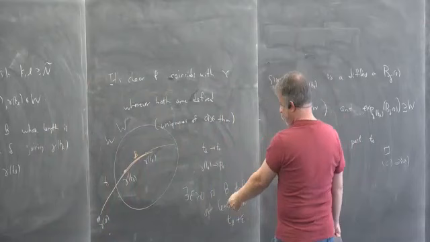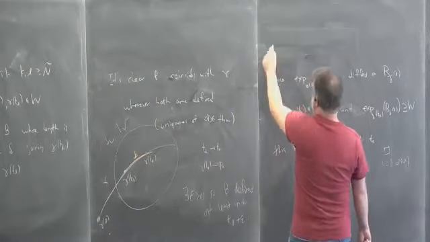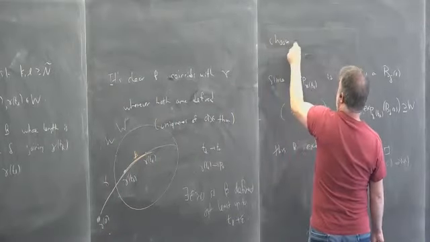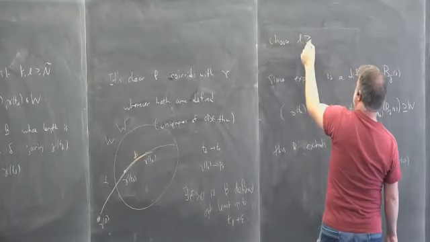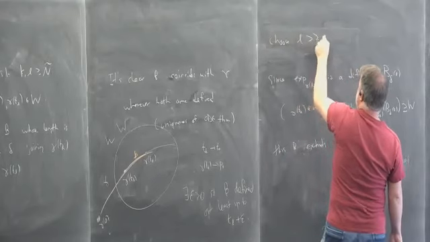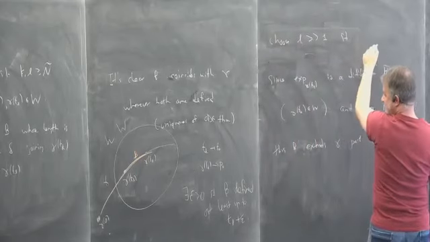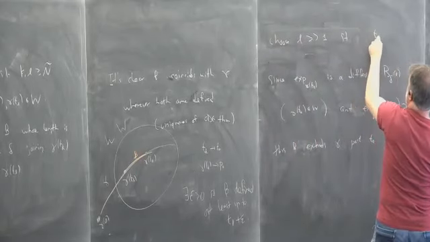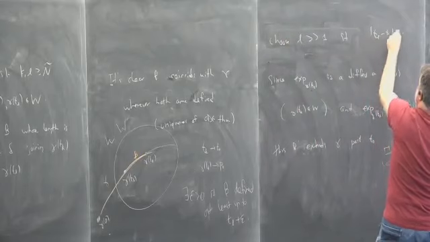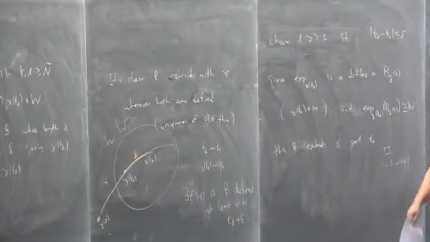Okay, and now we just want to choose L sufficiently large so that TL minus T naught is less than epsilon. And then that means I can actually go further than T naught.